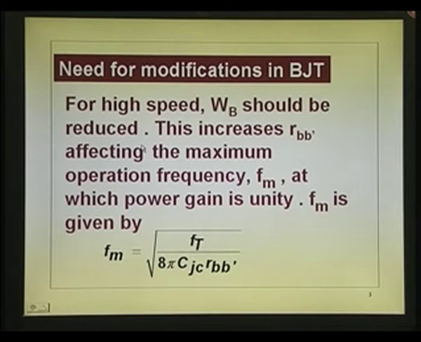Transit time is WB squared by 2DN for an NPN transistor, in centimeter square divided by centimeter square per second. So, the smaller the WB, the smaller the transit time, and the better the cutoff frequency.